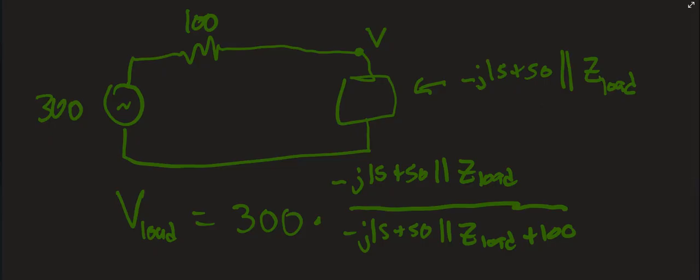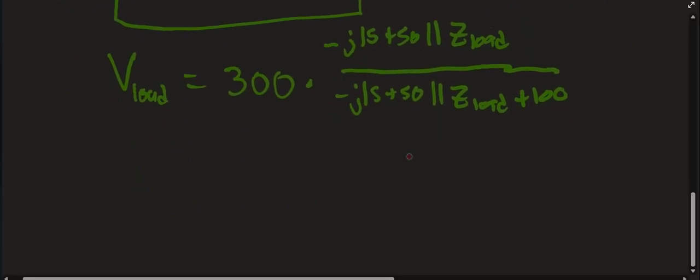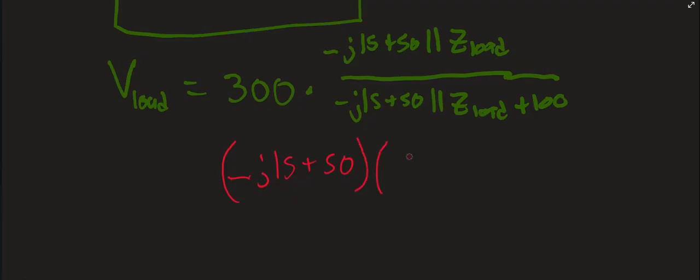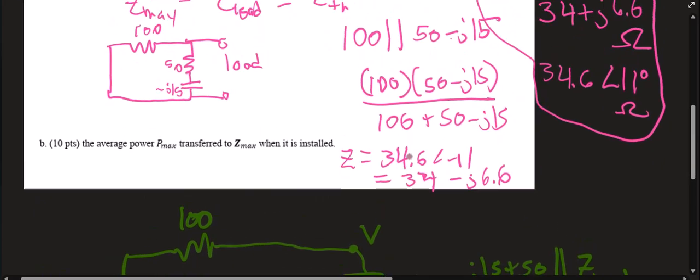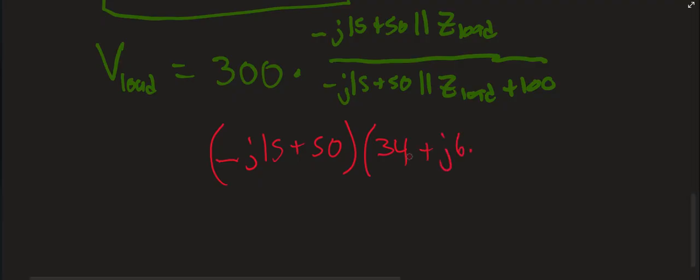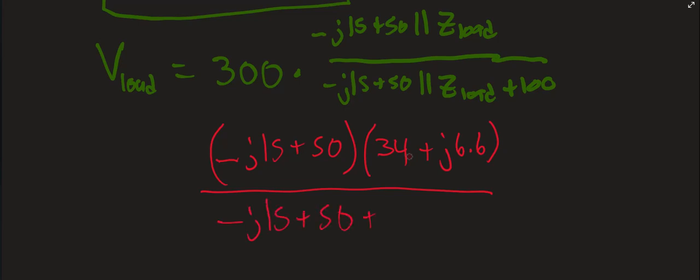So I need to get minus J15 plus 50 times 34 plus J6.6 over minus J15 plus 50 plus 34 plus J6.6.